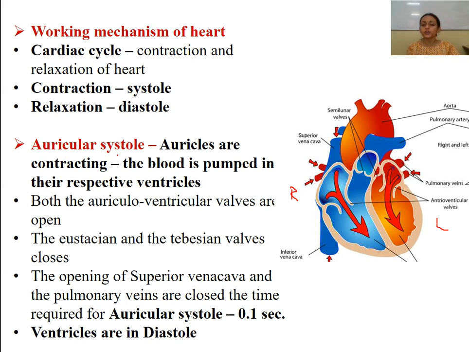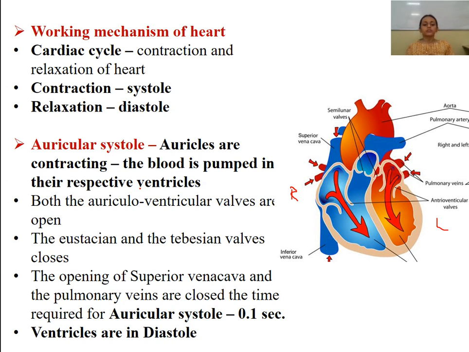So what is happening in auricular systole? Auricular systole means the auricles are contracting. As I had told you all, when we are speaking about contraction, we will be using the word systole. And when the auricles contract, both the auriculoventricular valves, which are present on the left as well as the right side, will open. Second thing that will happen is the eustachian and the tibial valve will close, that is on the inferior vena cava as well as on the coronary sinus.